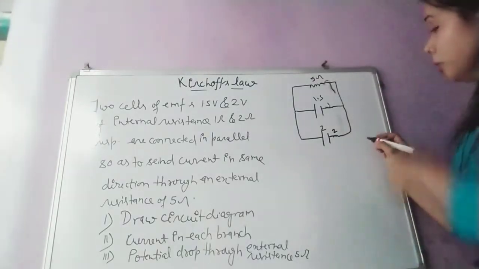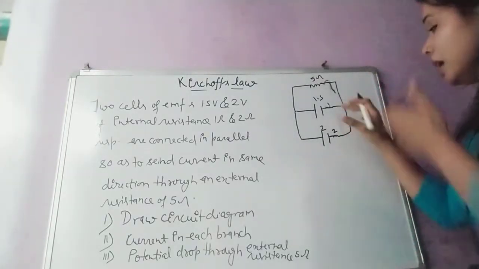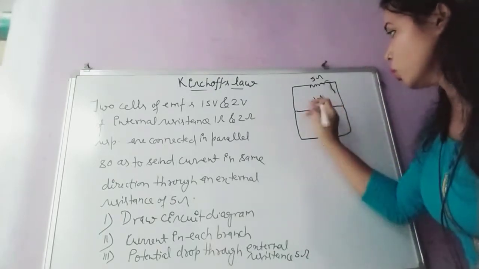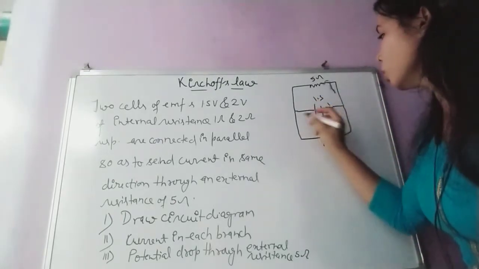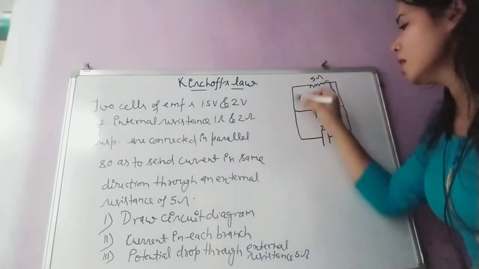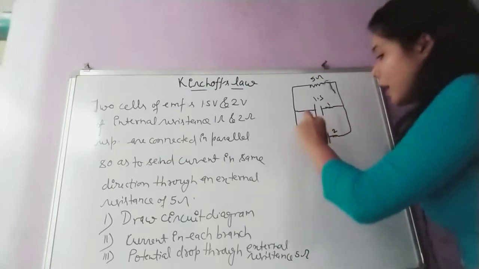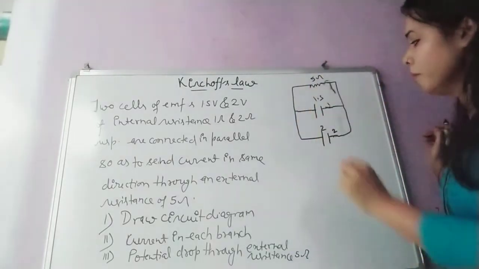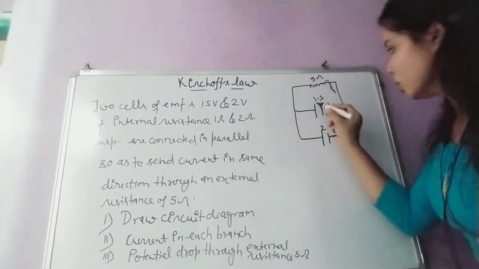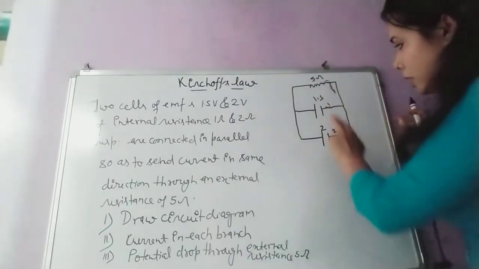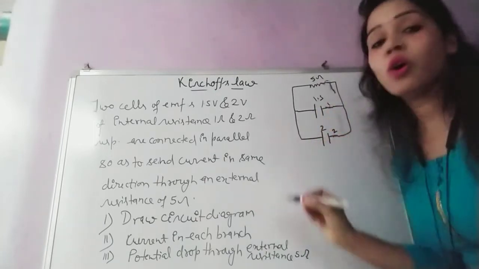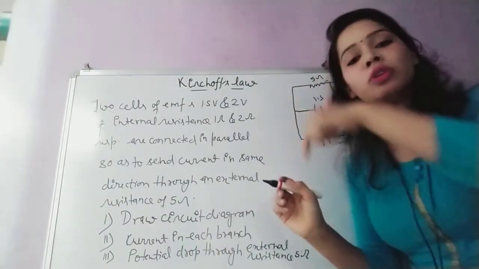Now the question asks that they should be connected so that the current sent by them will pass through this resistance in the same direction. That means the current has to be sent such that both the cells send current in the same direction. So that's why I have taken this polarity like this, positive and negative. Why? Because current always moves from positive terminal to negative terminal.